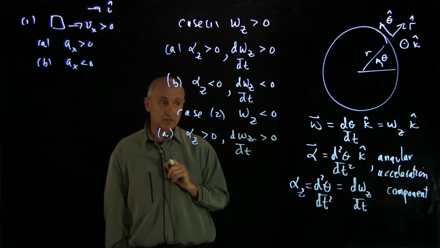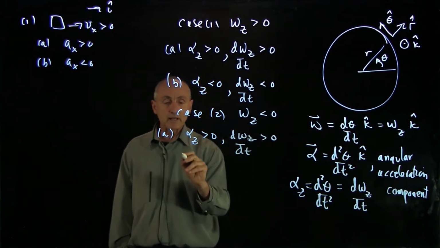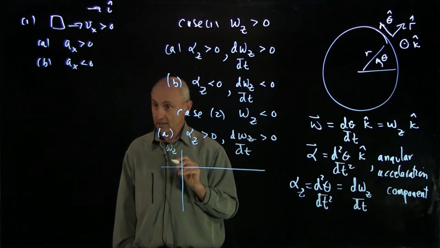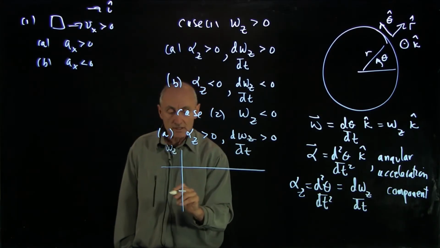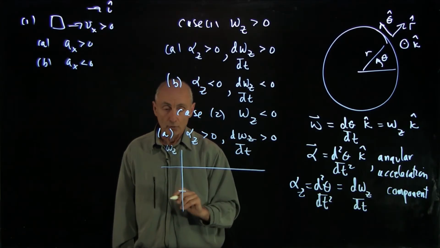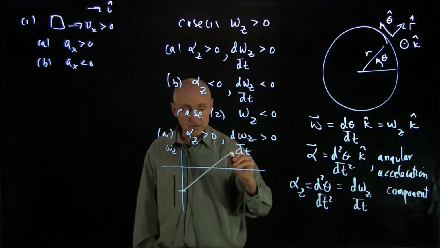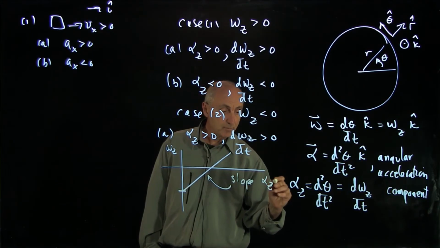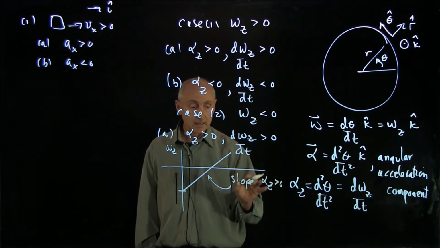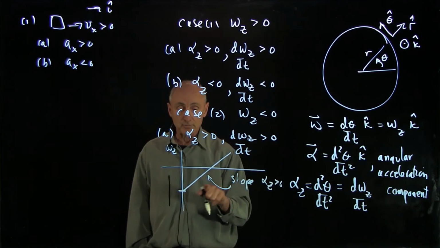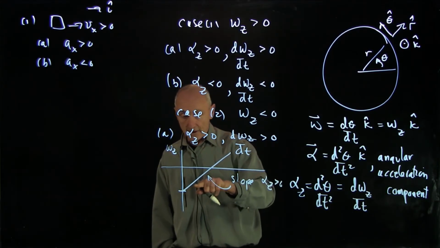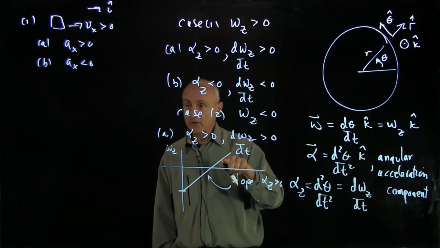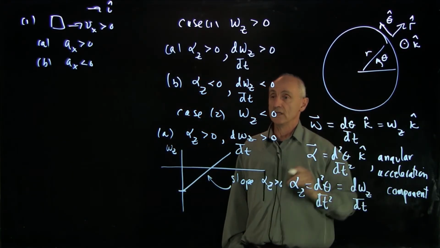Something like that could correspond to, if we plotted omega z, an object that starts off with a negative omega z and increases. Notice that the slope here, which is alpha z positive, corresponds to a positive angular acceleration component, and the object slows down as omega gets closer to 0, stops, and now has a positive omega z corresponding to motion in the counterclockwise direction.